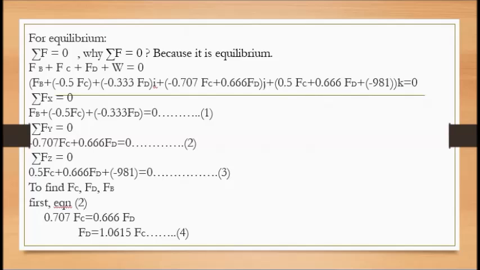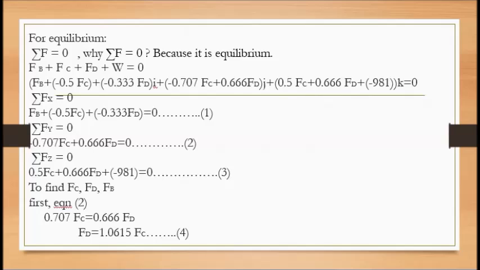For the next equation, we resolve all the j values. Because FB has no j value, it's 0, so it will be minus 0.707 FC plus 2/3 FD is equal to 0. For the third equation, FB has no k factor, so that's 0. The final equation will be 0.5 FC plus 2/3 FD minus 981, remember the weight is acting downwards, is equal to 0. We have our final 3 equations.